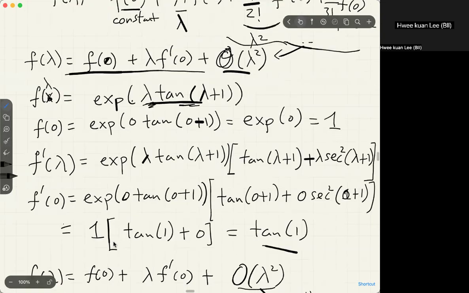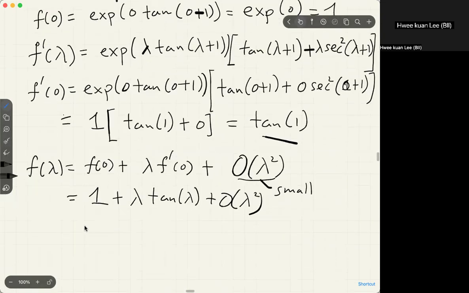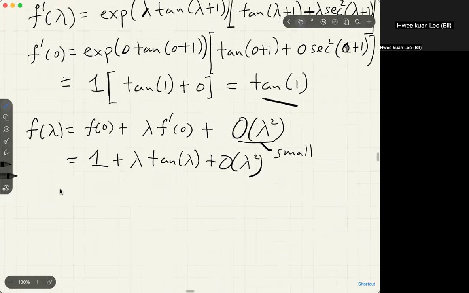I'll come back to the integral. This is what we want to do. Integral from 10 to the minus 5 to 10 to the minus 5 of f of lambda d lambda, right?